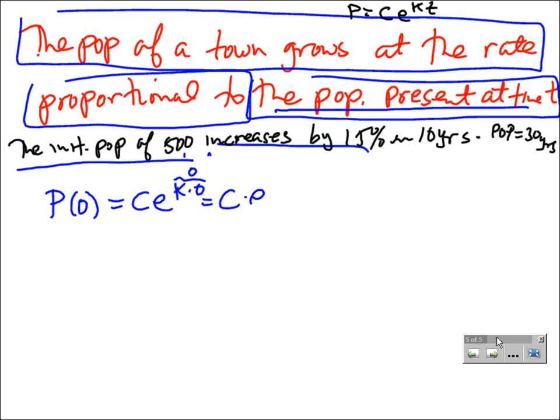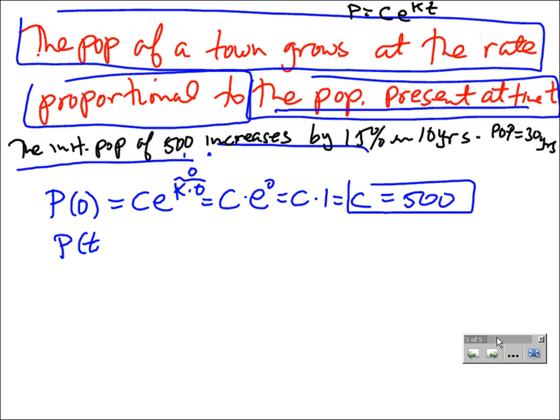So it's C times e to the 0. e to the 0 is 1. C times 1 is C. That's what P of 0 equals using the formula. But they told us what it equals. It's 500. Oh, you mean C is 500? Yes. So copying the top equation, except I'll plug in 500 for C, P of t is 500 e to the kt.